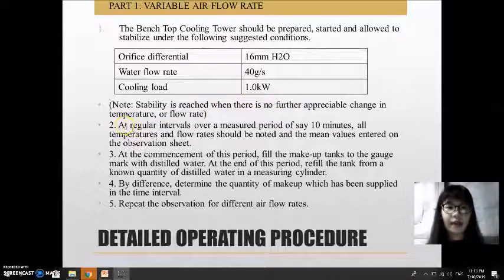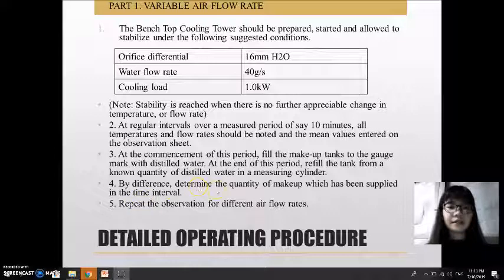The second step: at regular intervals over a measured period of say 10 minutes, all temperatures and flow rates should be noted. At the commencement of this period, fill the make-up tank to the gauge mark with distilled water. At the end of this period, refill the tank from a known quantity of distilled water in a measuring cylinder.